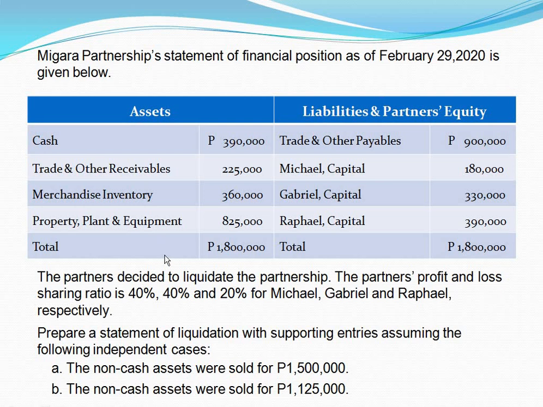Therefore, we have no choice but to use these account names. So, we credit trade and other receivables for 225,000. Credit also merchandise inventory for 360,000 and property, plant and equipment for 825,000.